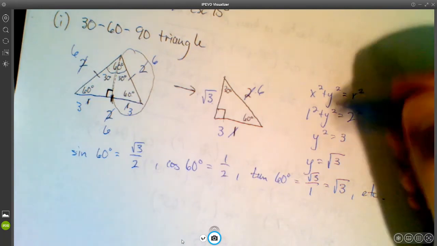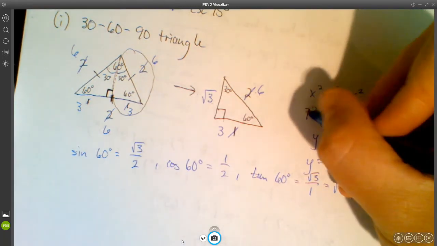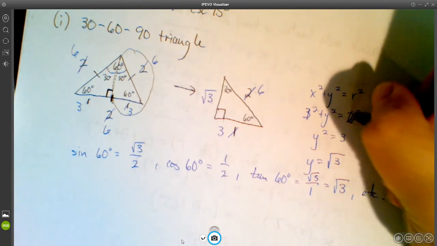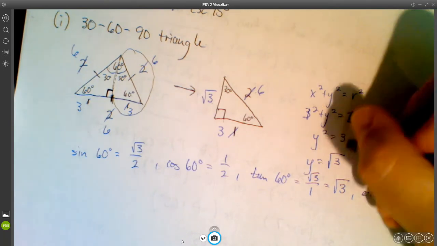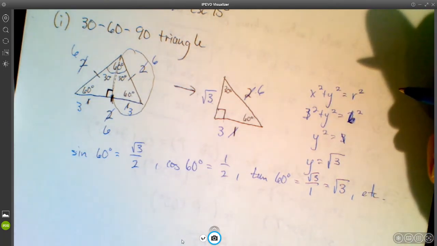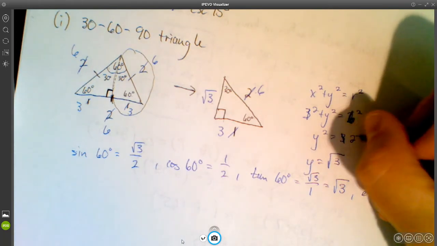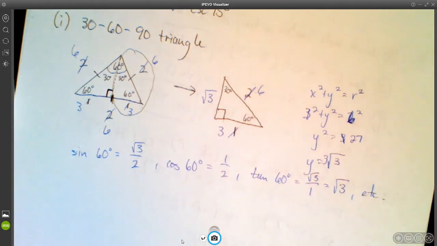And when I go to do the Pythagorean theorem, I would have x squared plus y squared equals r squared. I would get 36 minus 9. 36 minus 9 is 27. And then the square root of 27 would be 3 times the square root of 3.